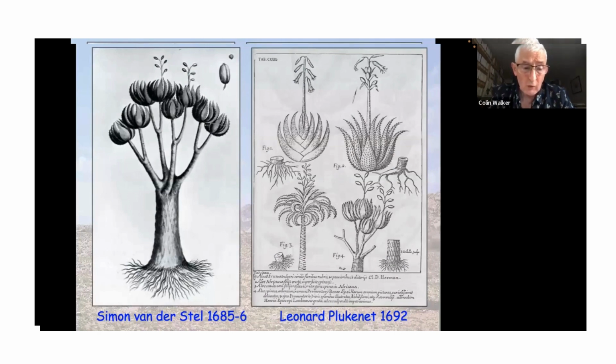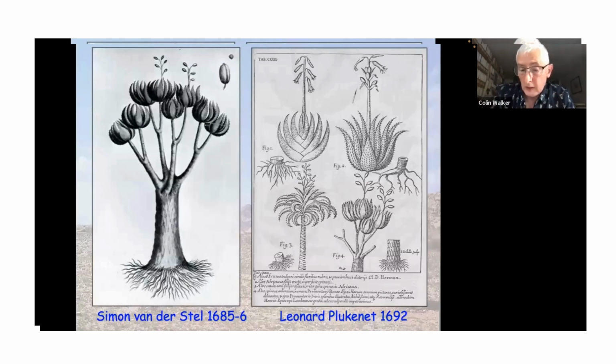And the image there on the left is, well, a tree aloe, let's call it Aloe dichotoma for the most part. So these images were not published during their lifetime. There was plagiarism going on even in those days, and these images were actually published by other people. So copies were published.